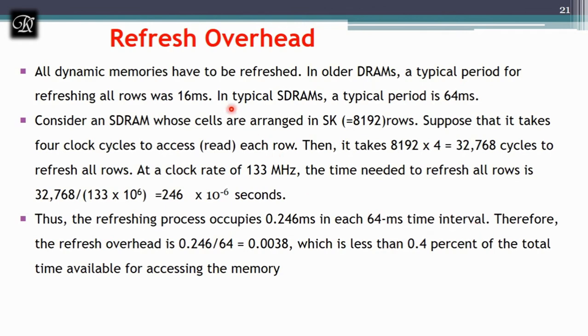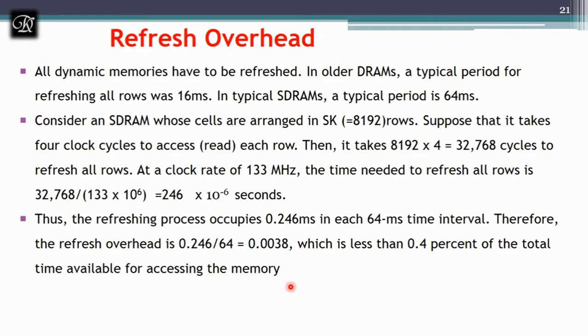If it were 16, this would be huge, but when it comes to 64 milliseconds, it can be acceptable. Therefore, the refresh overhead will be 0.246 divided by 64, which is 0.0038, less than 0.4% of the total time available for accessing memory. So this is how the refresh overhead is calculated.